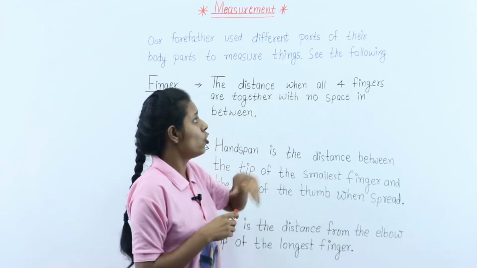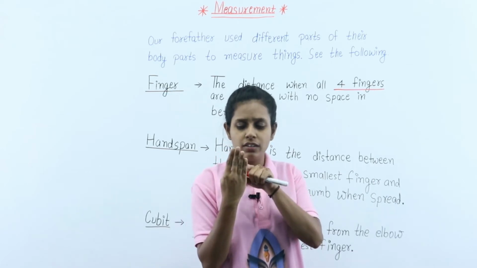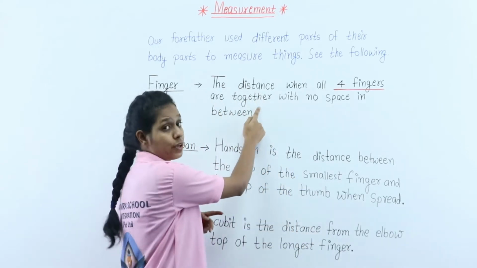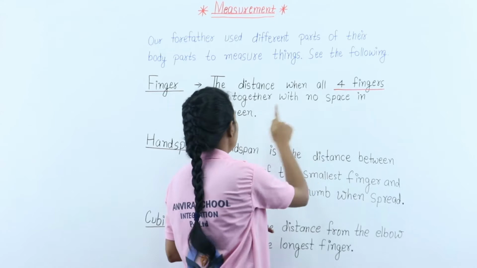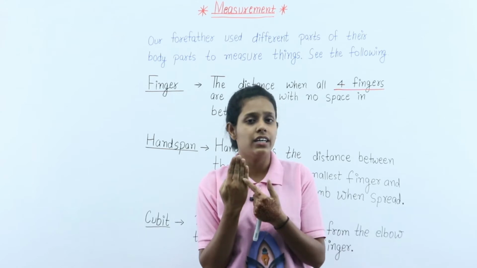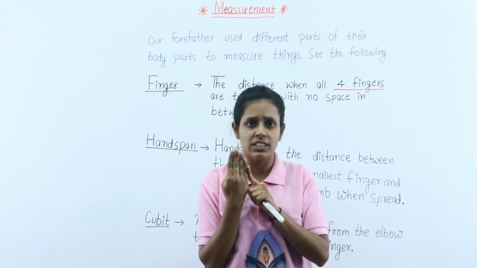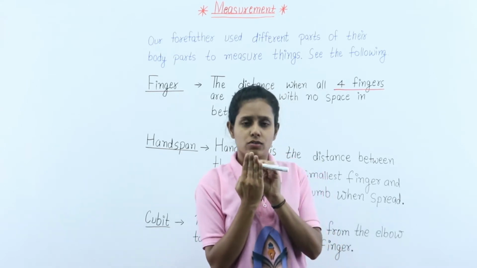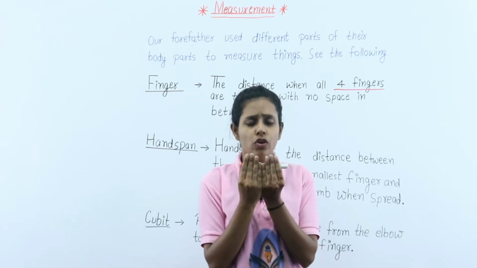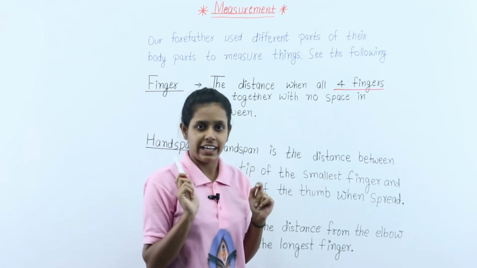The distance of all four fingers, which four fingers? 1, 2, 3 and 4, all together with no space in between, is used to measure things. This marker is 4, 8 and then 10 fingers. The marker's length is 10 fingers.